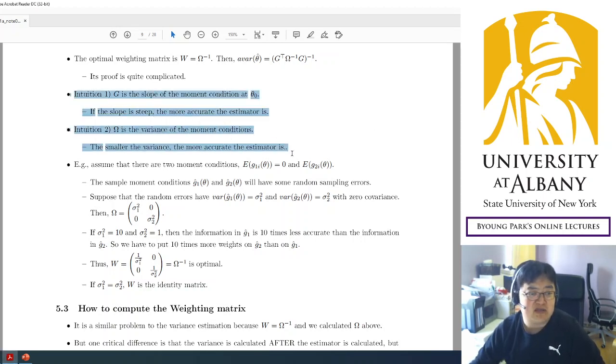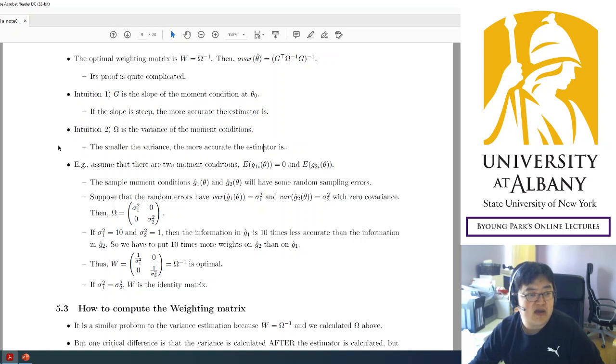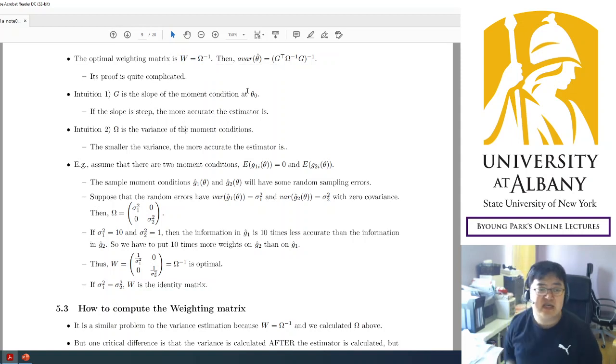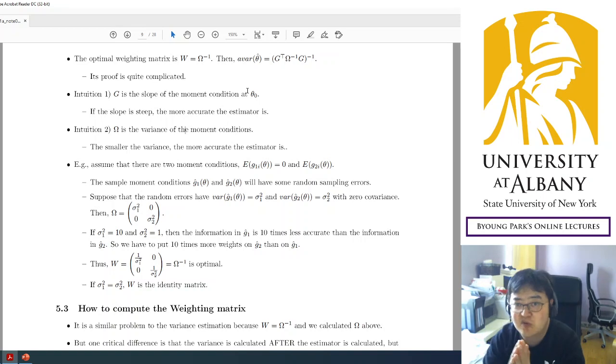I have explained this, and now let me explain the intuition why omega inverse is the optimal weighting matrix. The idea is also straightforward. As I said, what you have to do here is put more weight on informative moment conditions and less weight on trivial moment conditions.